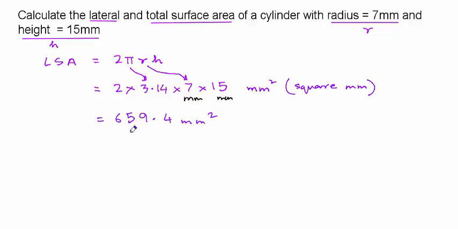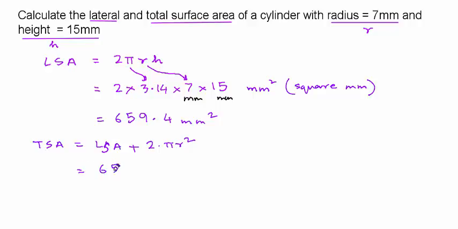We need to find the total surface area. Recall that the total surface area is equal to the lateral surface area plus the area of the two circles. So that is going to be 2 times pi times r square, where r is given to be 7 millimeters. So let's go ahead and do that.